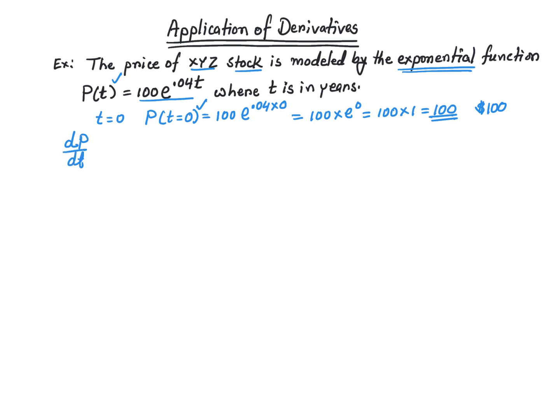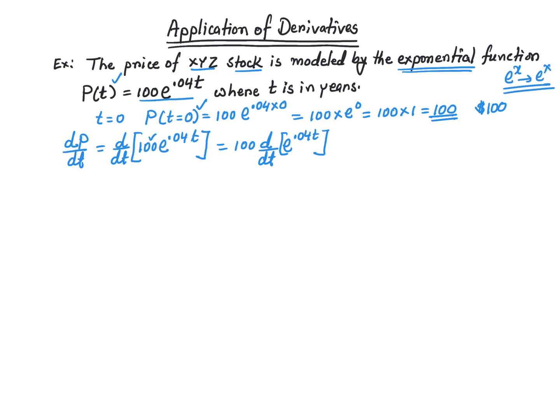That means the rate of change of price with respect to time is going to be d over dt of 100 times e to the power 0.04 t. So I'm going to take the derivative of this. 100 is a constant, so I could pull it out, times d over dt of e to the power 0.04 t. Now I'm going to use the chain rule. Remember, the derivative of e to the power x is just e to the power x. This is the only function that has the same rate of change as the function itself.